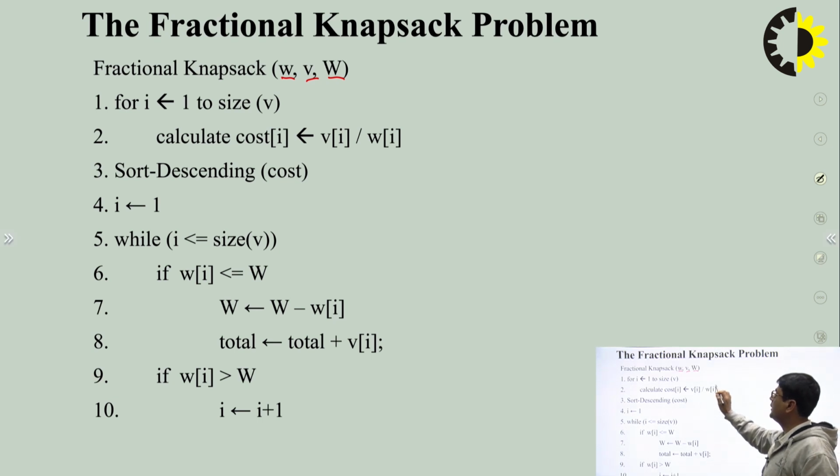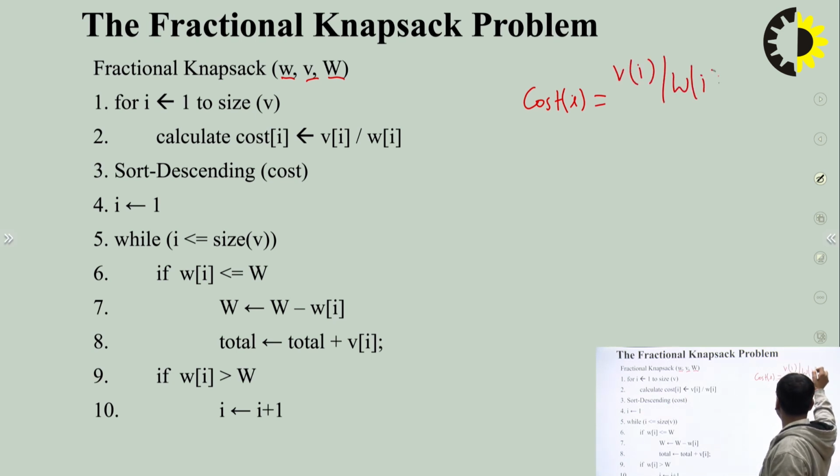Initially, whatever profit is there, firstly we find out the cost of an individual item, 1 unit of every item, because the particular value is given in terms of the complete set of the item. Because how can you calculate the maximum profit item? Firstly, find out the per unit item profit.